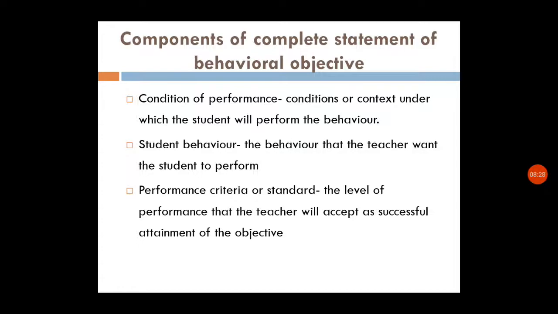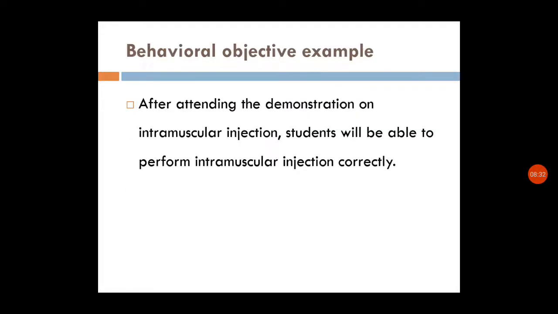So we can see one example, then it will be more clear for all of you. It's an example of how to write the behavioral objective. Good example: after attending the demonstration on intramuscular injection, students will be able to perform intramuscular injection correctly.